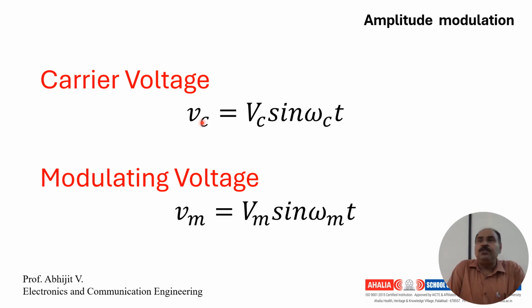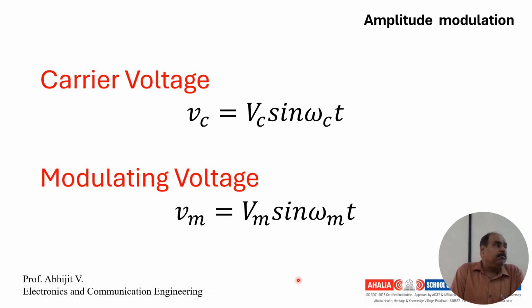Small vc means the signal changes in accordance with time. Modulating voltage or the message signal, vm, is also something that is changing with time.